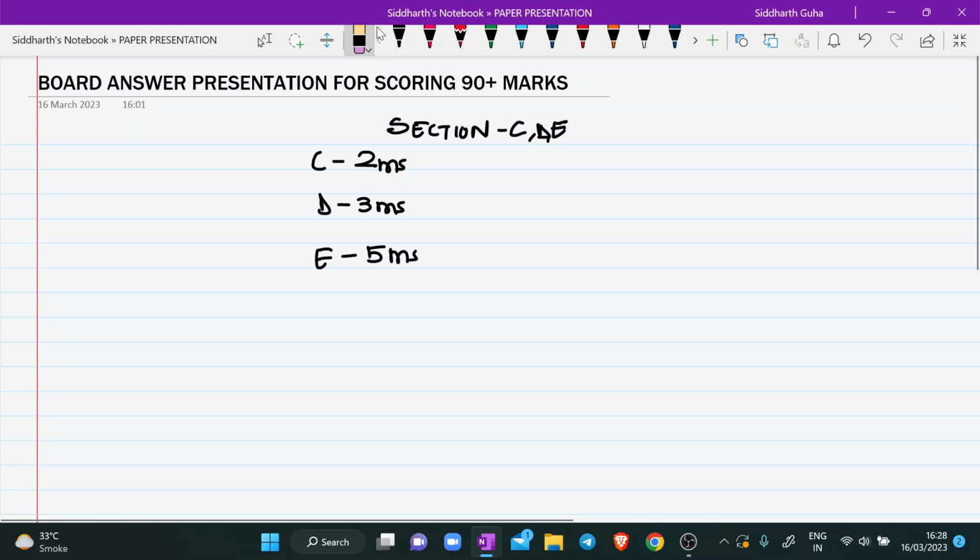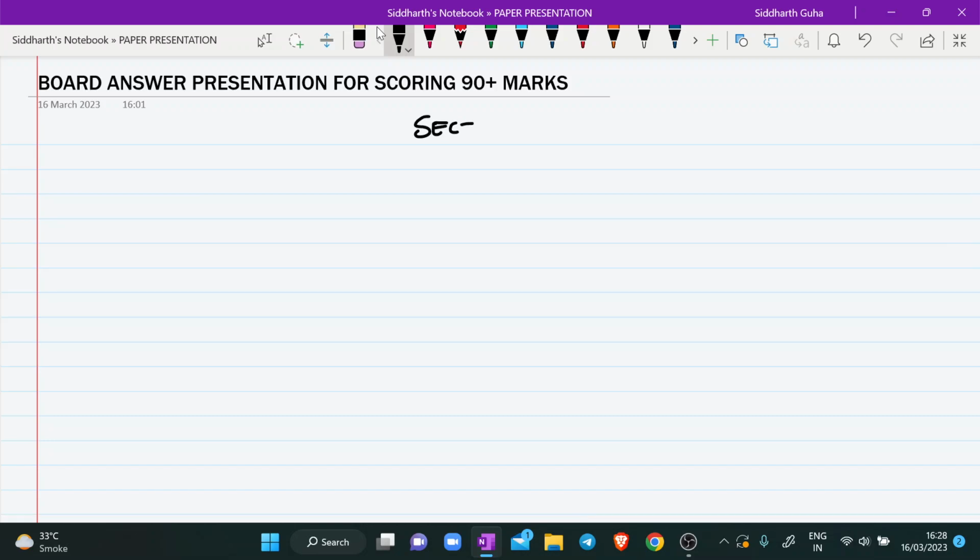First of all, instead of writing the question number or answer number at the left, write it in the middle. Let's say we are writing section C, and then you write answer number 21, underline it, and then start the answering part point wise.